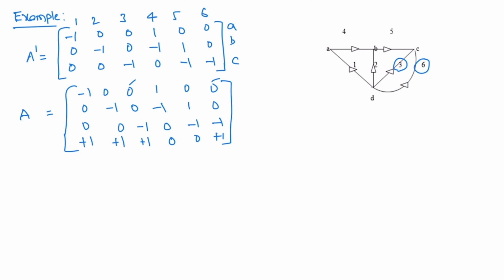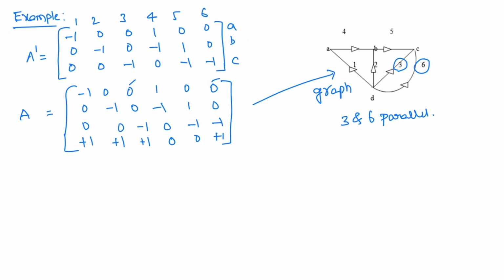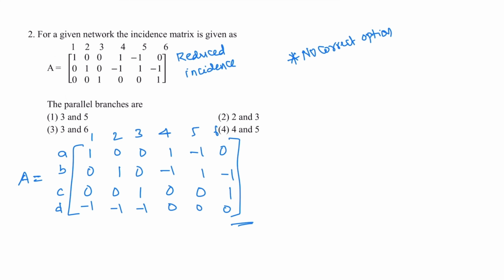From this incident matrix, this is the corresponding graph. From this incident matrix or corresponding graph we can say that branch 3 and branch 6 are parallel, because this parallel condition is satisfied by this example incident matrix. So as per the question, there is no correct option.